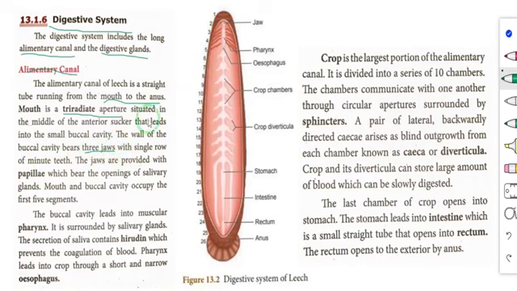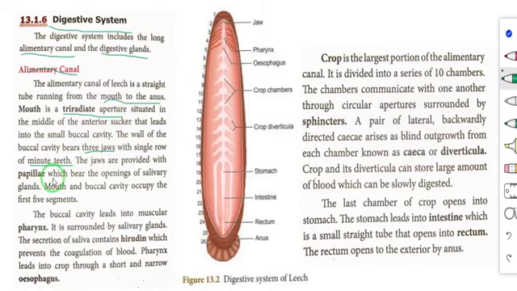So three jaws are present in the buccal cavity, as well as a single row of minute teeth.